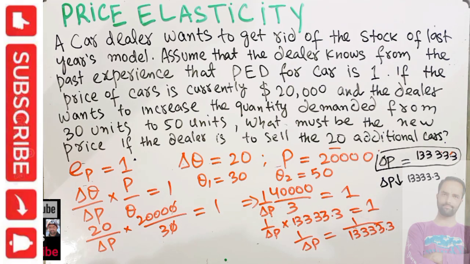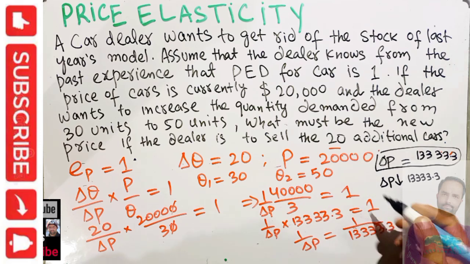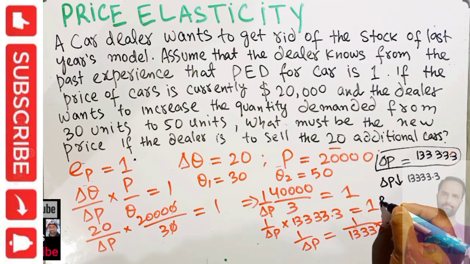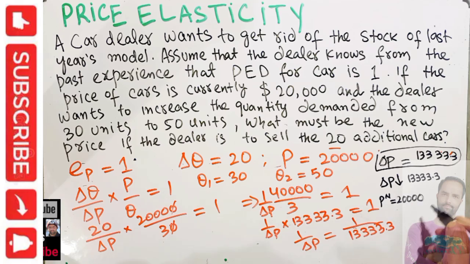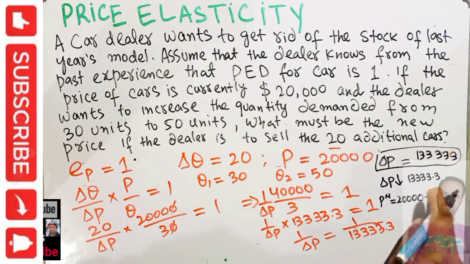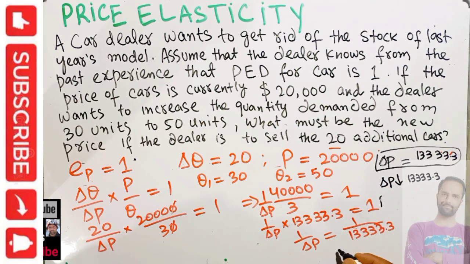Initially our price was $20,000. That means our new price will be the initial price of $20,000 minus the decrease in price, 13,333.3, and it will come out to be about 6,666.7. So our new price will be this very thing.